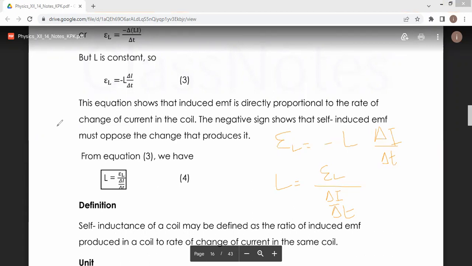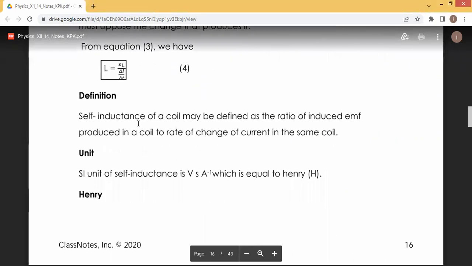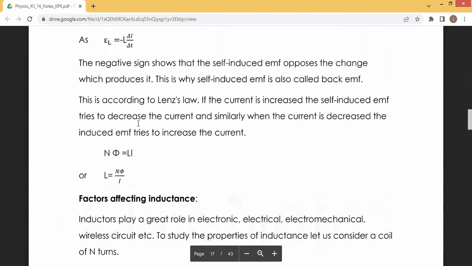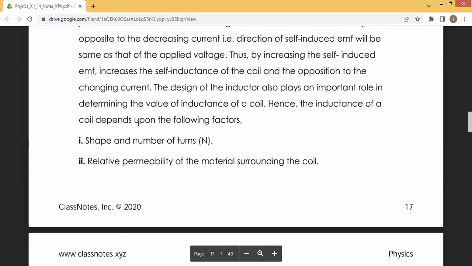The unit of self-inductance is Henry. So you can see what is Henry and how we can define it.